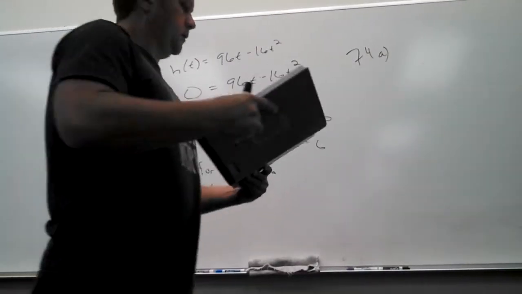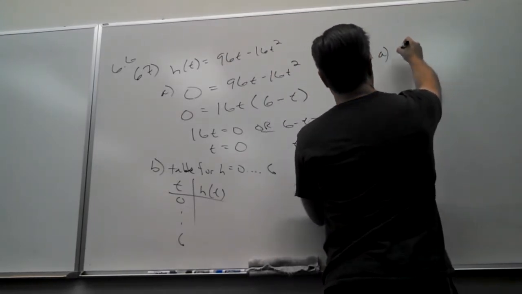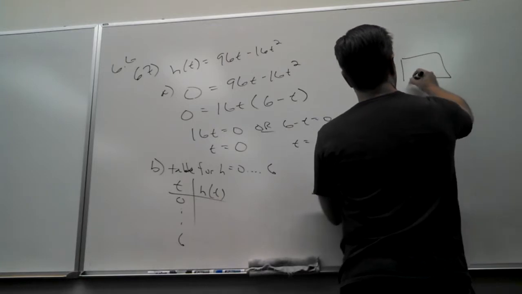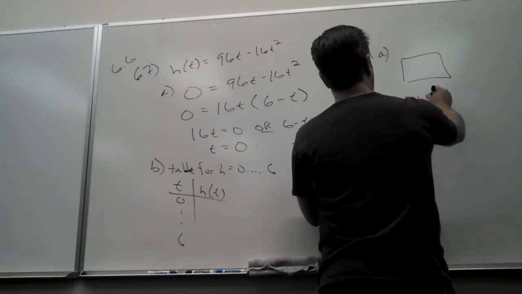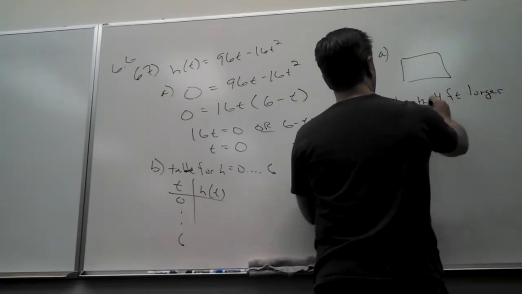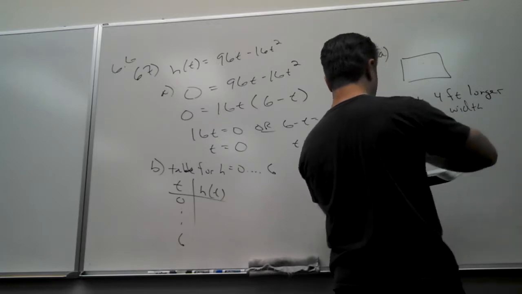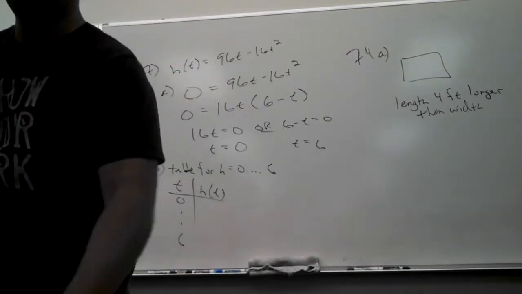It says a rectangular floor has a length 4 feet longer than the width. All right, just take a second for me before I tell you anything else.